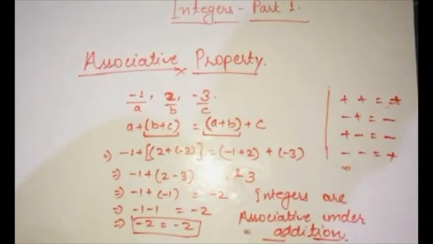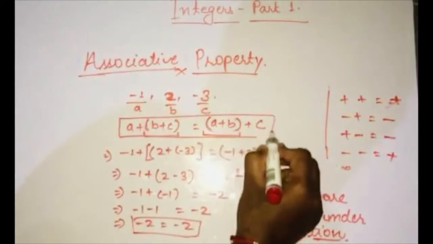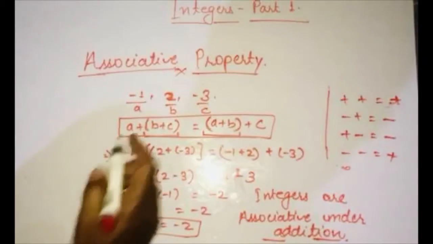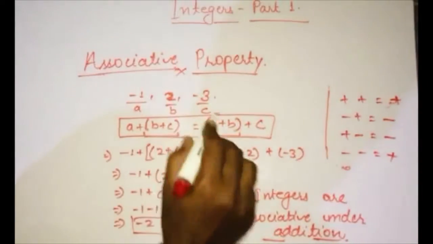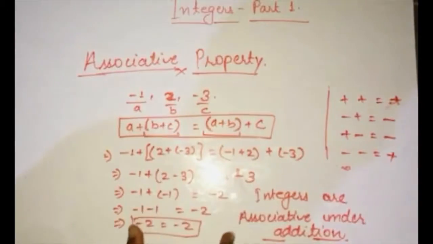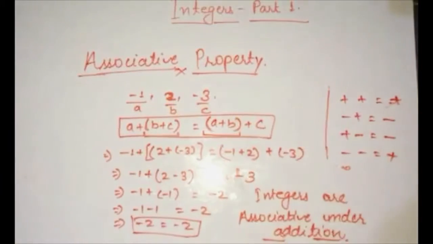So this is for the addition. This is the simple expression to show the associative property, where A is any integer, B is any integer, C is any integer, as I have explained. Just to make it easier for you to understand, I start with an example. I believe this example will make you understand it more easily.